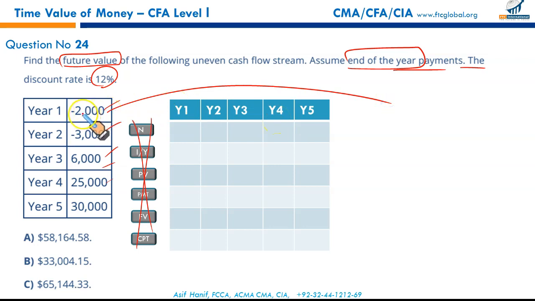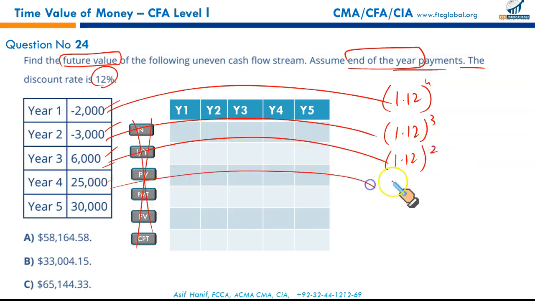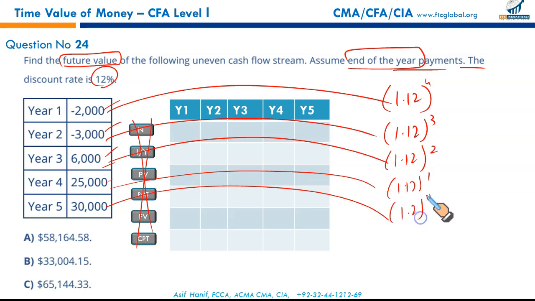This is being made at the end of the first year, so it will be multiplied with 1.12, 12% being the interest rate, raised to the power 1, 2, 3, 4. This will be multiplied, 3,000 multiplied by 1.12 raised to the power 3, 1.12 raised to the power 2, 1.12 raised to the power 1, and multiplied with 1.12 raised to the power 0.